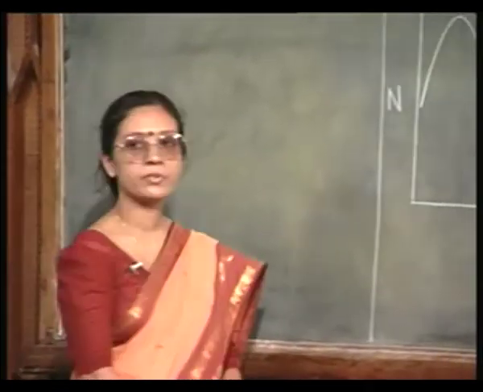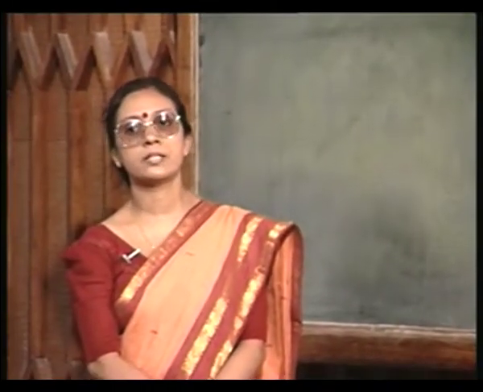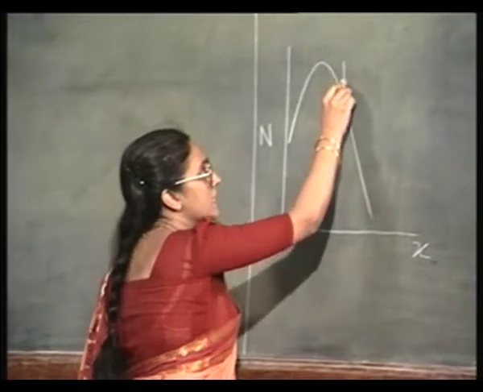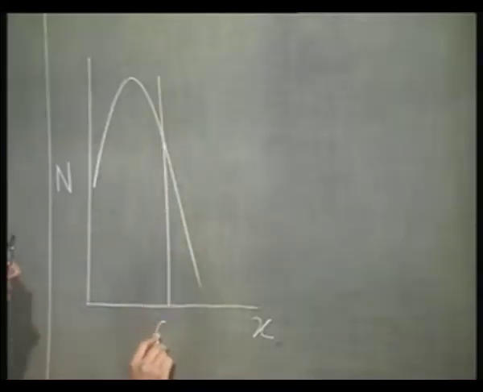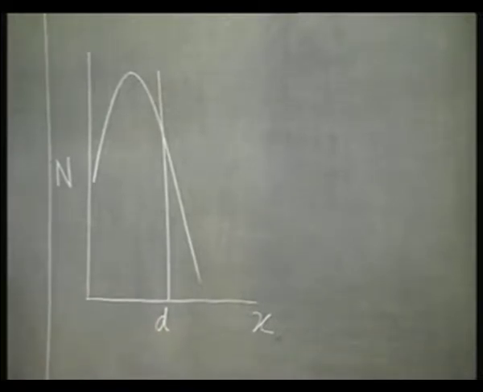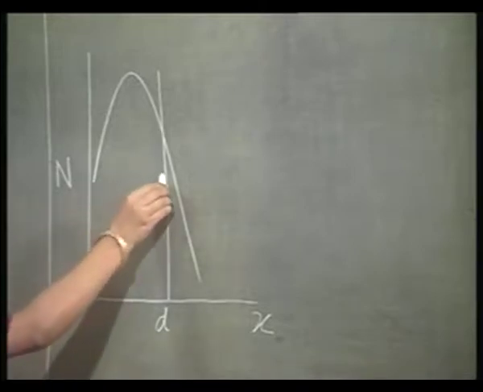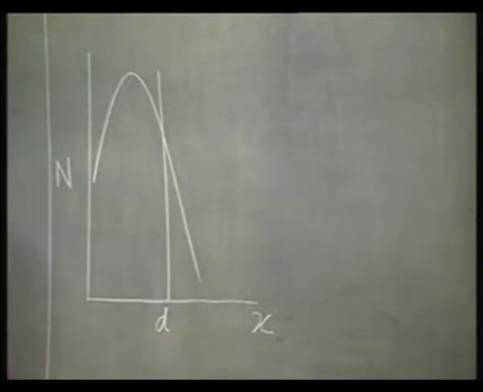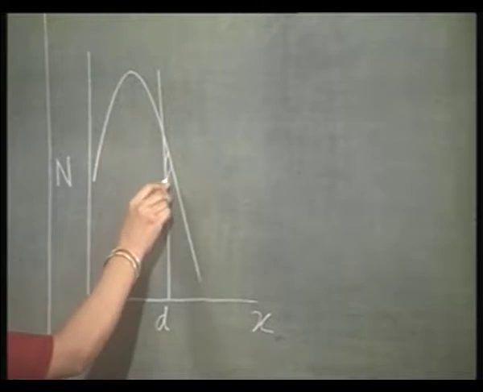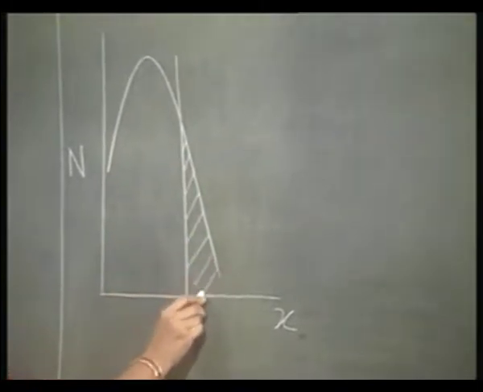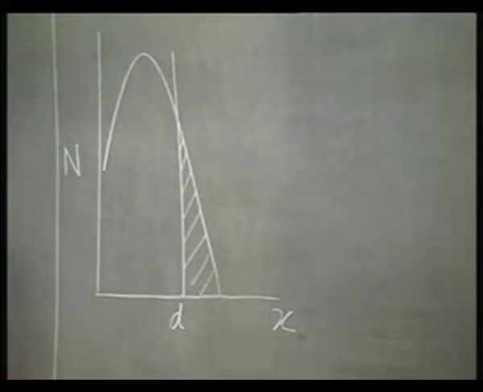So, let us say the thickness of the masking material is something called D, and if this is the value of D, that means this is where the mask material ends, below this is semiconductor. Then this much of the impurity is going to be put in the semiconductor. Agreed?